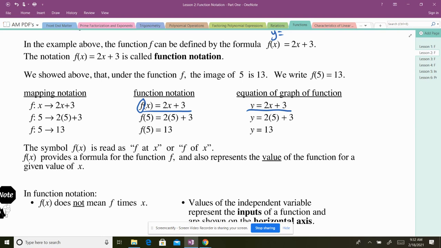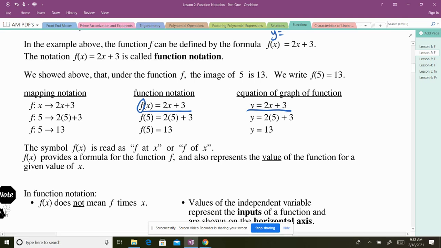But what was the definition of a function? It is something about x's and y's. There's only one y for every x. Okay? That's what that means, right? You can only put that f there if it is a function. If it's not a function, you can't write it. Okay? But we only deal with functions in this class, right?